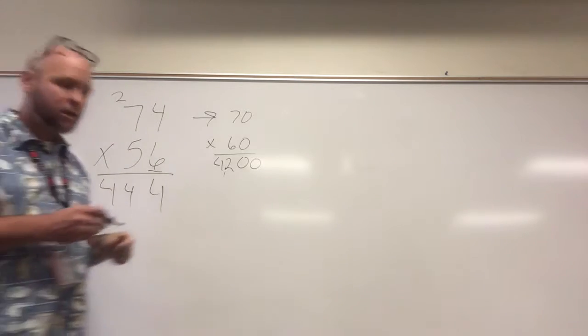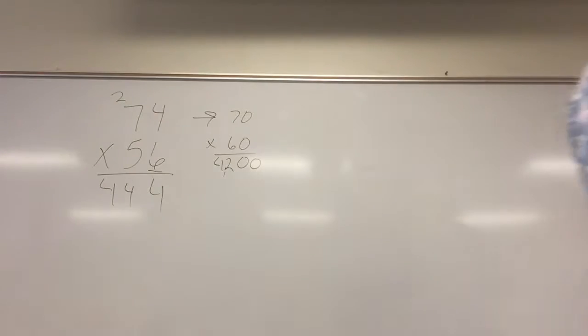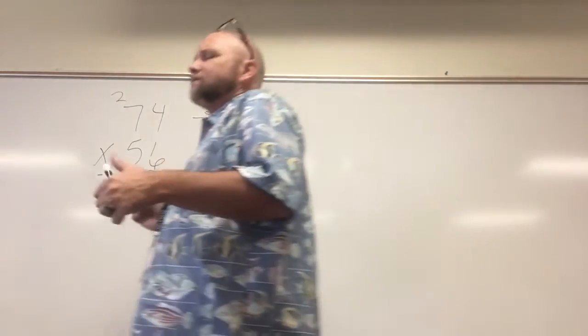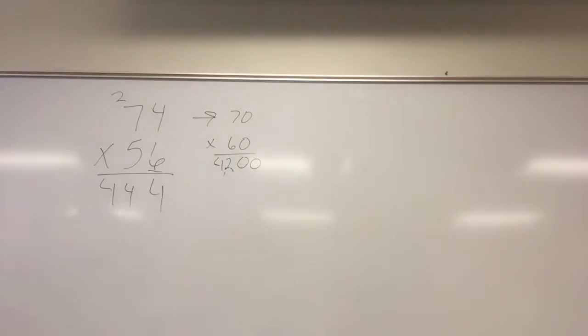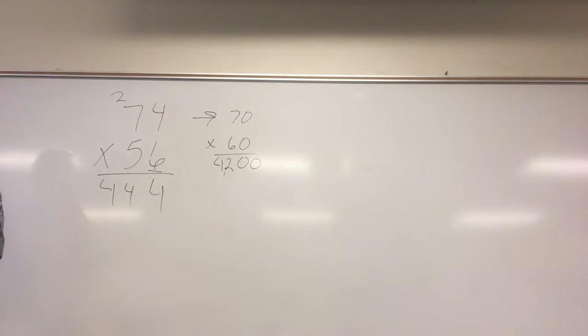So right now, your paper looks like that. If your paper doesn't look like that, for goodness sakes, make it look like that. Now, you kill the 6 and the 2. I like to say it this way because it makes you realize why you're doing it.